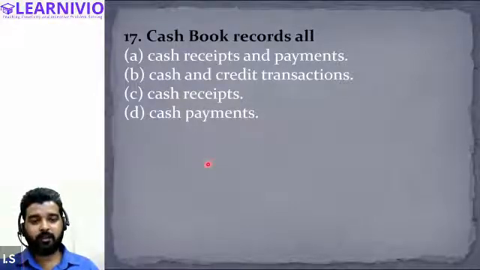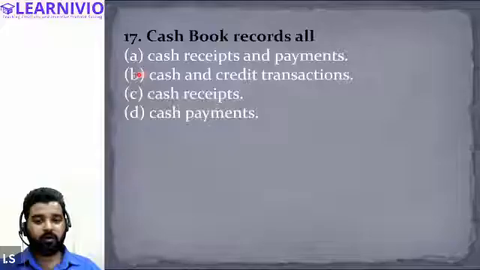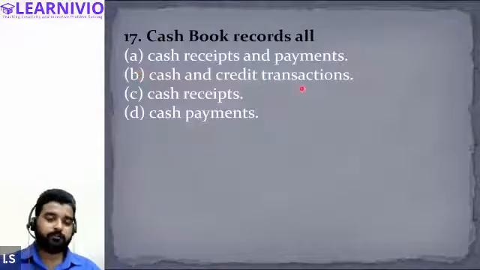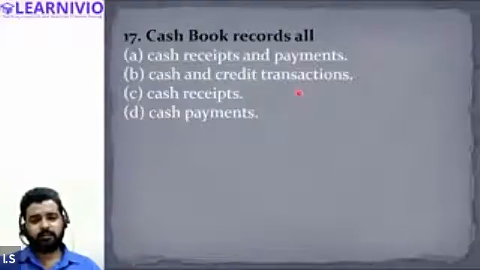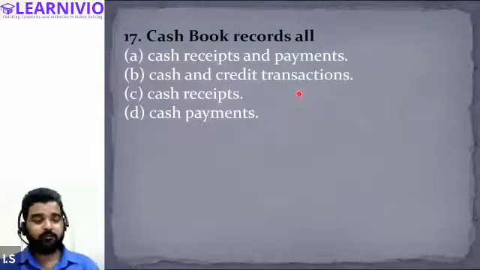We are not talking here about the debit and credit sides. So what does the cash book record? Only cash receipts, only cash payments, cash receipts and cash payments, or cash and credit transactions? Peer, you tell me. Sir, cash payments only. Wow.